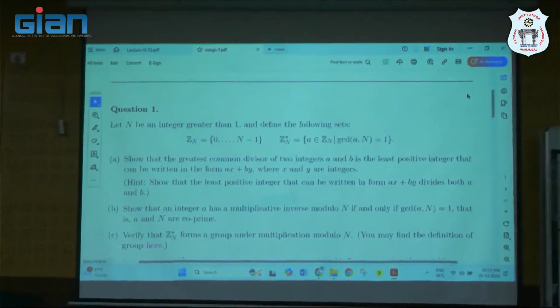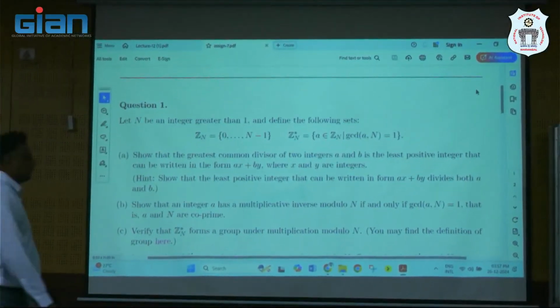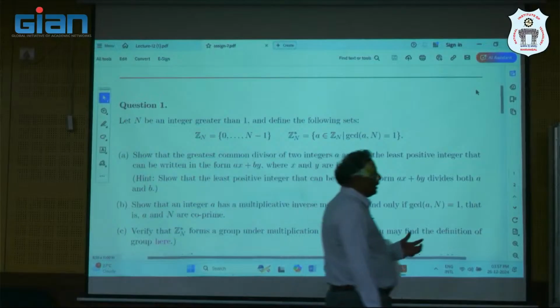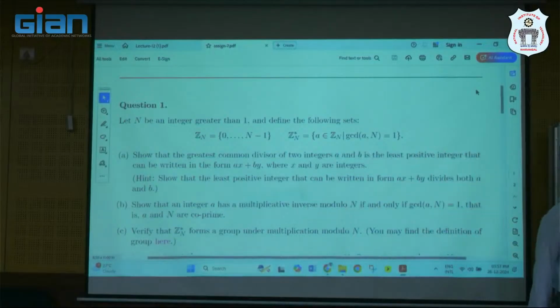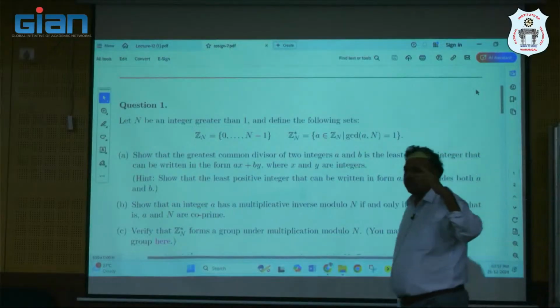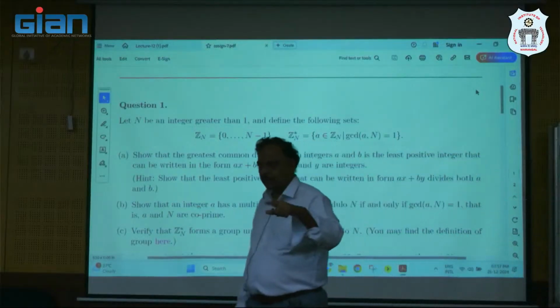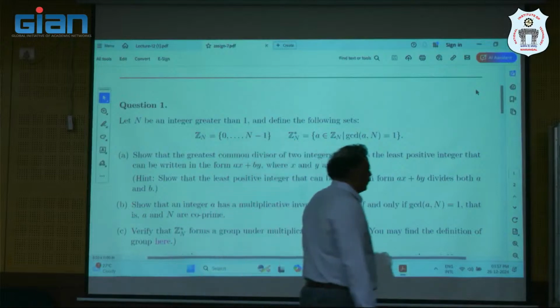Why is it a contradiction? You see, we assumed that R is the smallest positive number which can be written in this form, ax plus by, where x and y are integers, correct. Good.